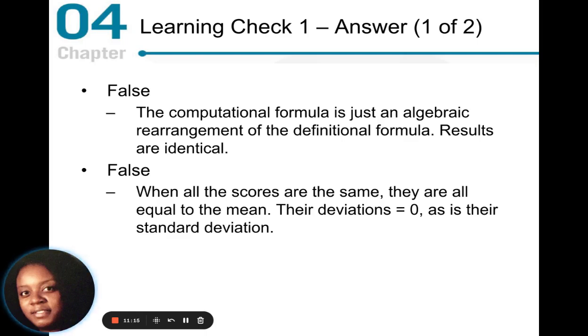Both of these are actually false statements. The computational formula is just an algebraic rearrangement of the definitional formula, and the results are going to be identical. And for the second statement, when all of the scores are the same, their deviations are going to be 0, and that's going to be their standard deviation versus 1.